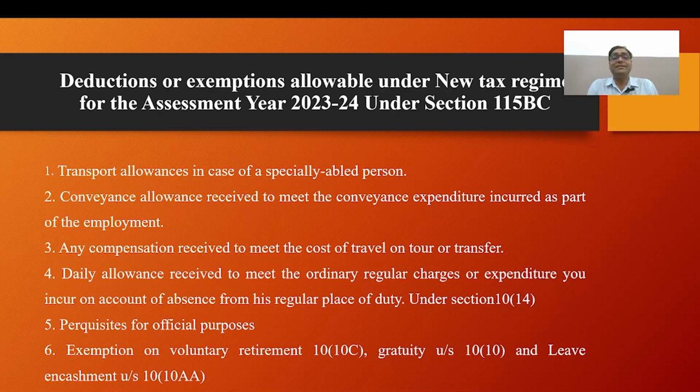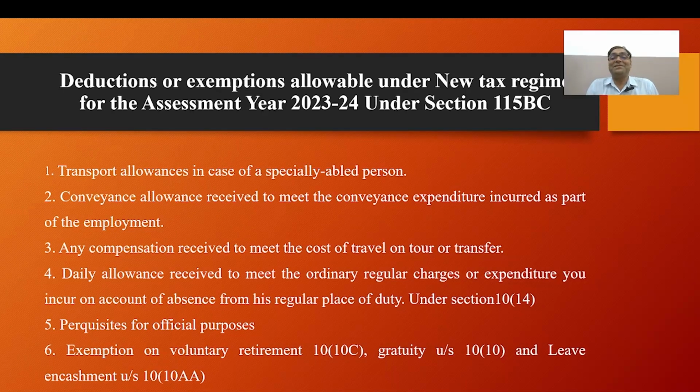Section 10, Clause 10C of the Income Tax Act exempts up to 5 lakh rupees in VRS compensation from income tax. You must file within the same tax year. Employees might invest their compensation in rehabilitation, tax planning, and counseling.